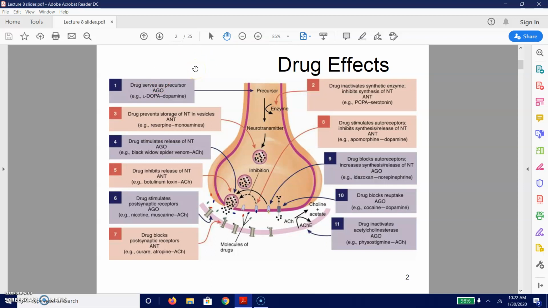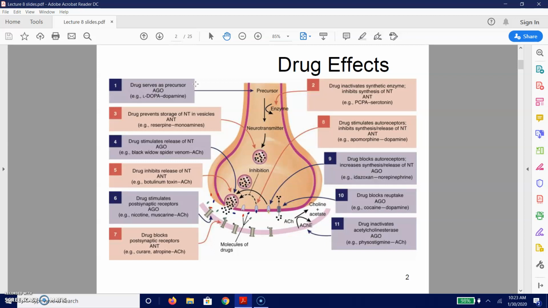So one of the things that we know can enhance facilitation of a neurotransmitter is if a drug serves as a precursor. Some neurotransmitters are too big to cross the blood-brain barrier on their own. So if somebody has Parkinson's, we can't really just give them a pill of dopamine because it's not big enough to cross.